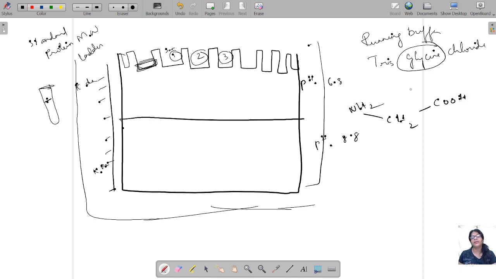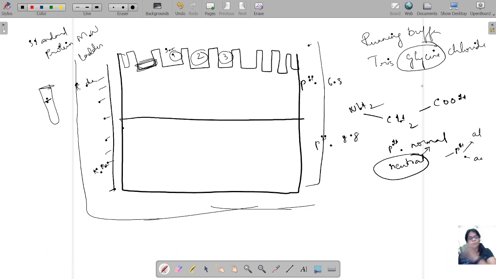At neutral pH it has a normal charge, neither plus nor minus. Based on alkaline or acidic pH, the glycine keeps changing, either positive or negative. That is the main principle involved in SDS-PAGE.